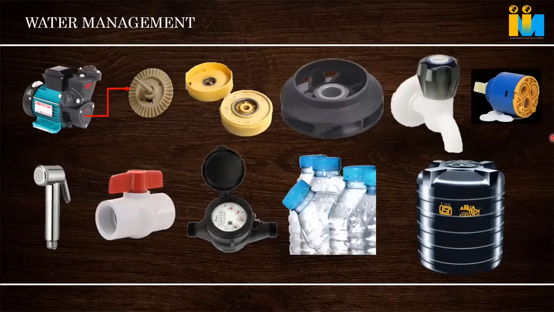This is a water management application. There are multiple water management applications wherever water comes in contact. One we have shown in the last picture itself, an electrical cum water management application where Noryl is being used. Here, see, this is an impeller of a pump, especially in borewell pumps. There will be stage pumps. The deeper the borewell, the number of stages keeps on increasing.